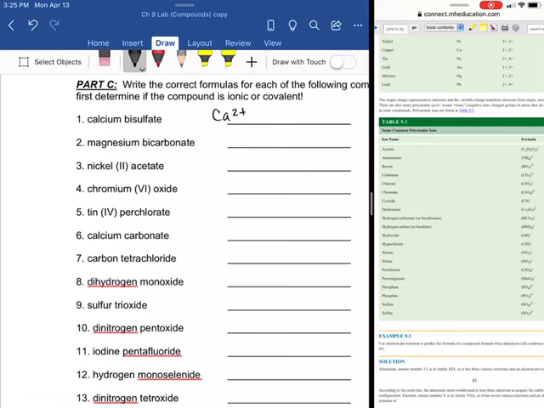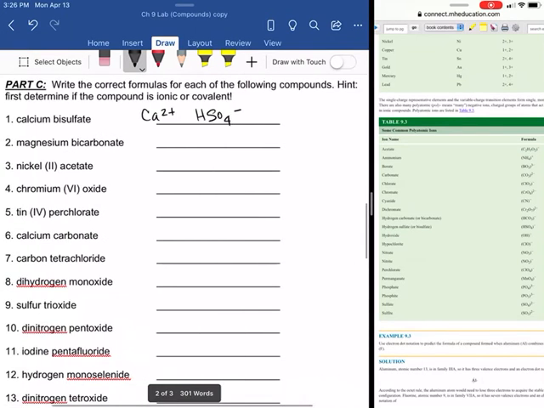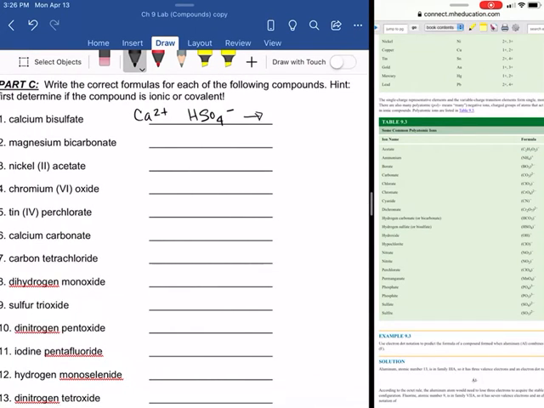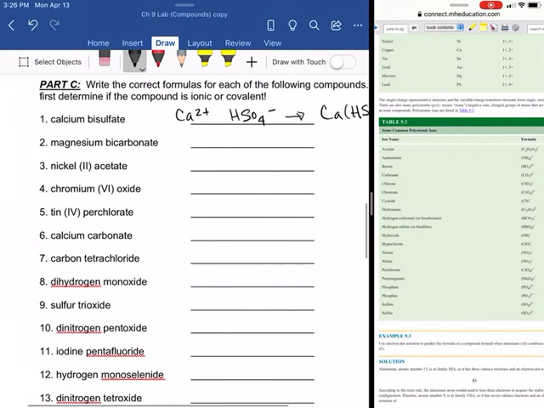If you look at the periodic table, hopefully you guys have that in front of you, you'd see that calcium is in the second group, which means that it's +2. And bisulfate is HSO4 -1. So you got to do the crossover thing, which means that you would end up with Ca(HSO4)2. And that's what you do for those ones that are ionic.